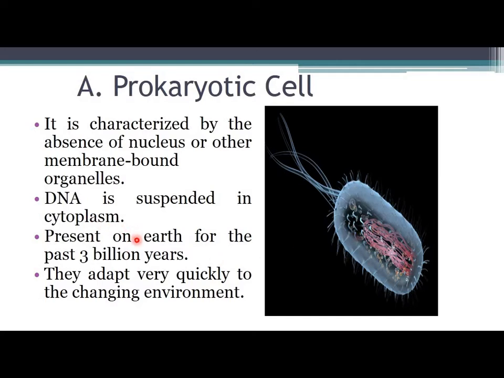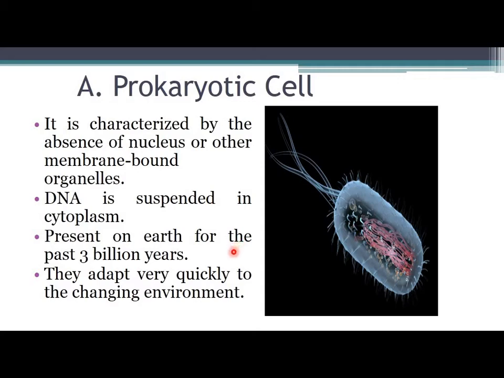The container of the jelly ace is the cell membrane, and the jelly inside is what we call cytoplasm. That means in the cytoplasm we will find the DNA of this prokaryotic cell, inside it.